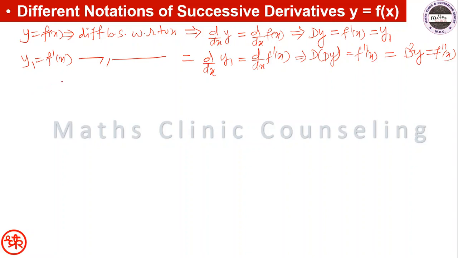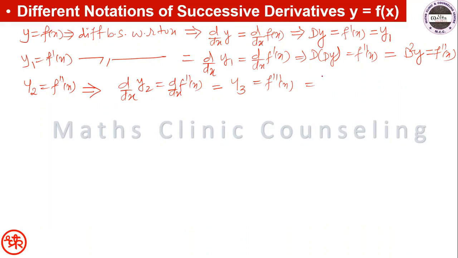Understand? So similarly, y2 is equal to f double dash of x, as we have seen. Now again differentiating this with respect to x, we will get d/dx of y2 is equal to d/dx of f double dash of x, and that is equal to y3 equal to f triple dash of x.